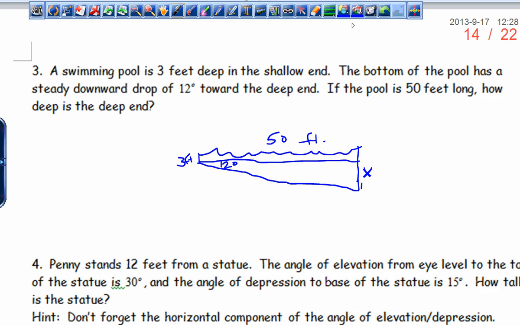Which trig function is opposite over adjacent? Tangent. So tangent of 12 degrees equals opposite over adjacent. How do I get X? Times 50.